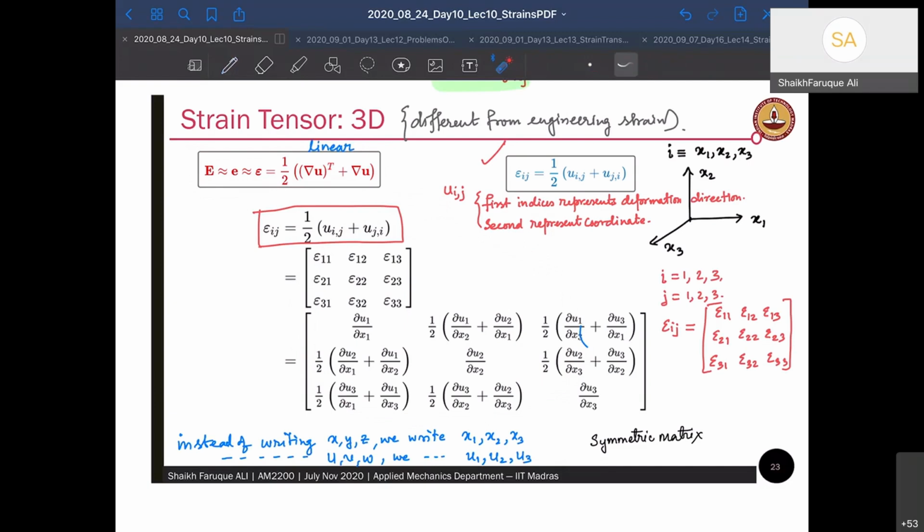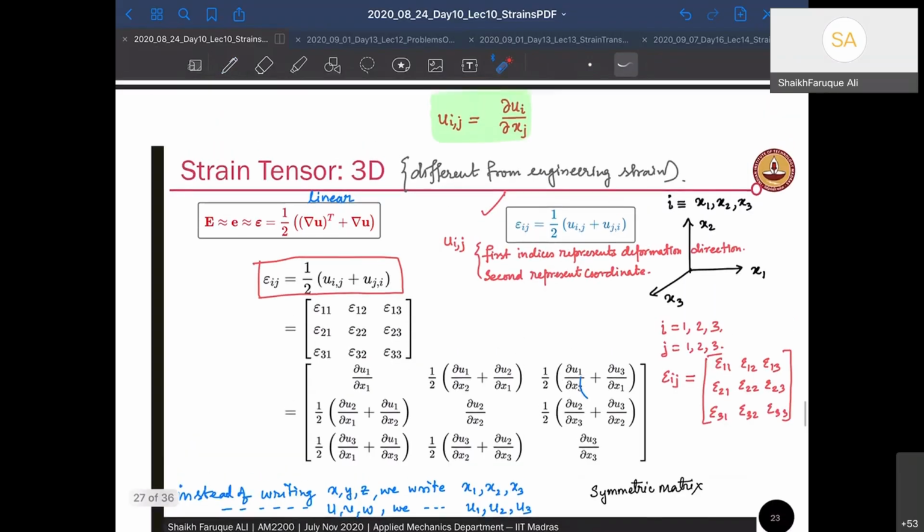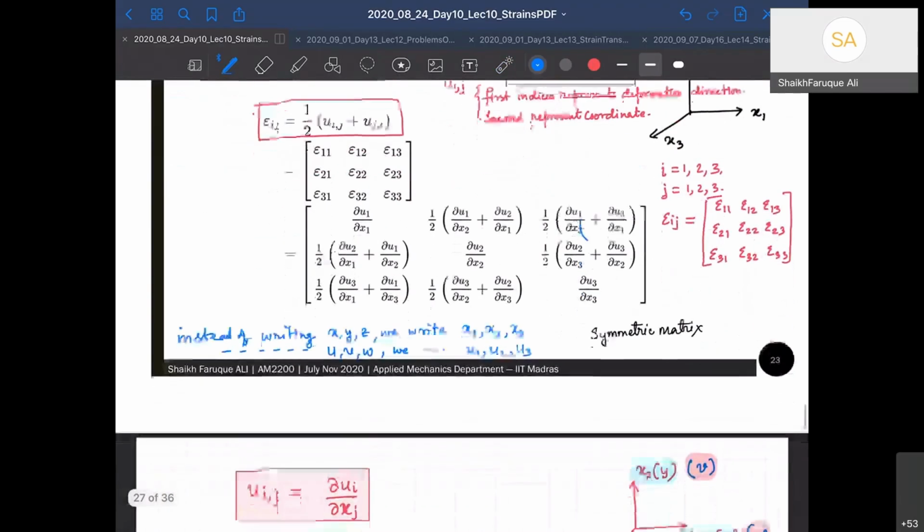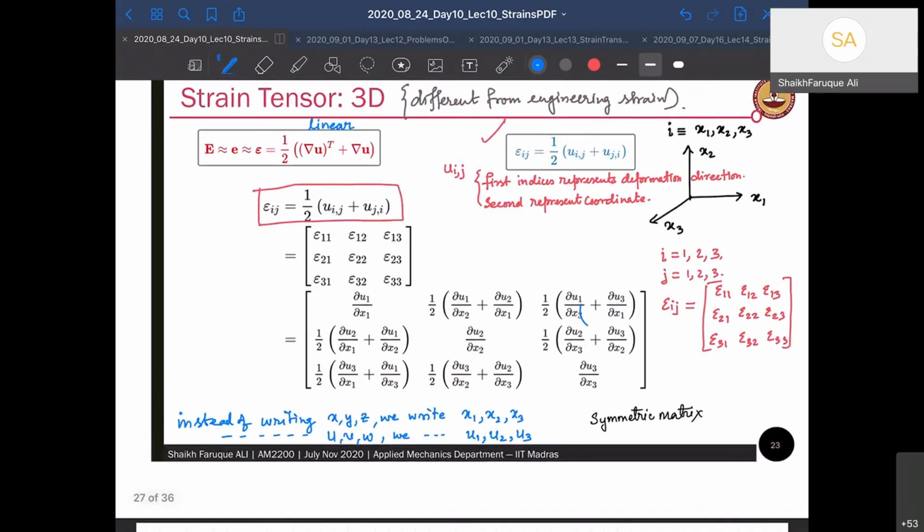This is called strain deformation relationship because u1, u2, u3 are deformations, and what you're getting here is strain epsilon, right? Okay. And this is how it is given.